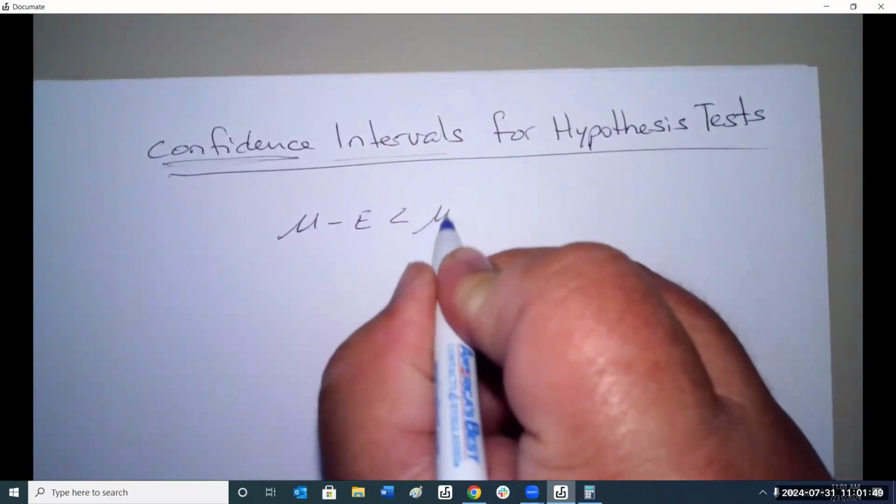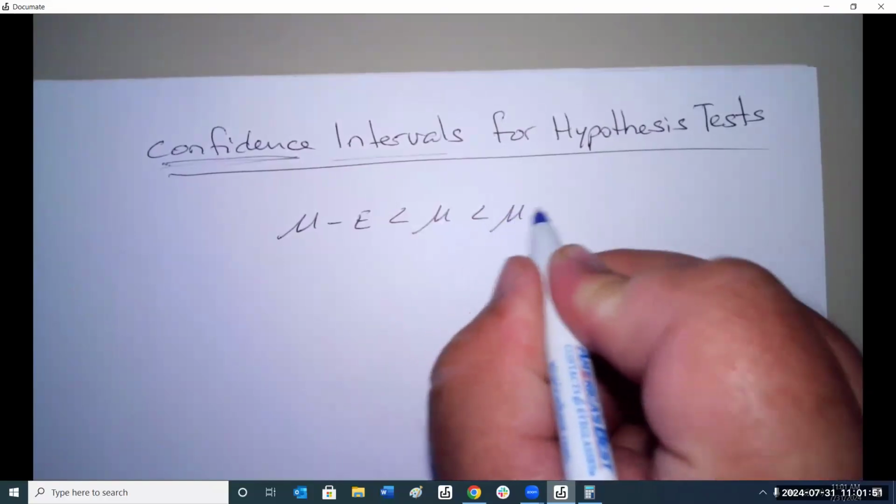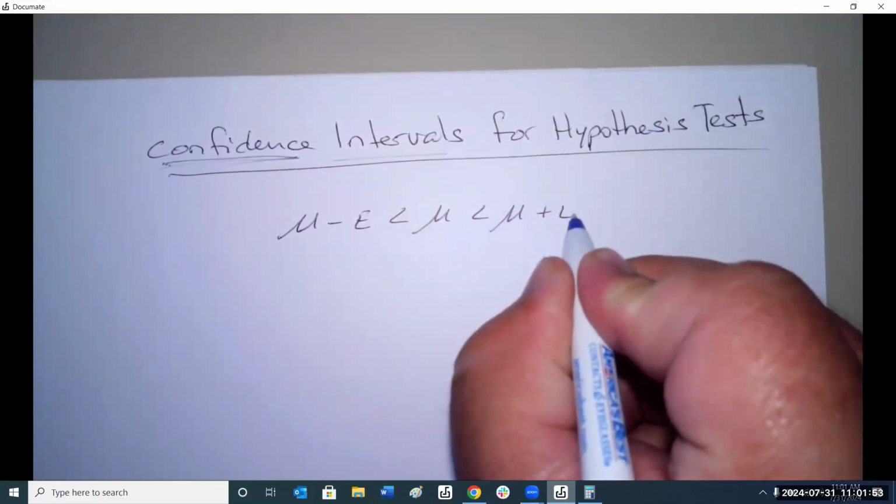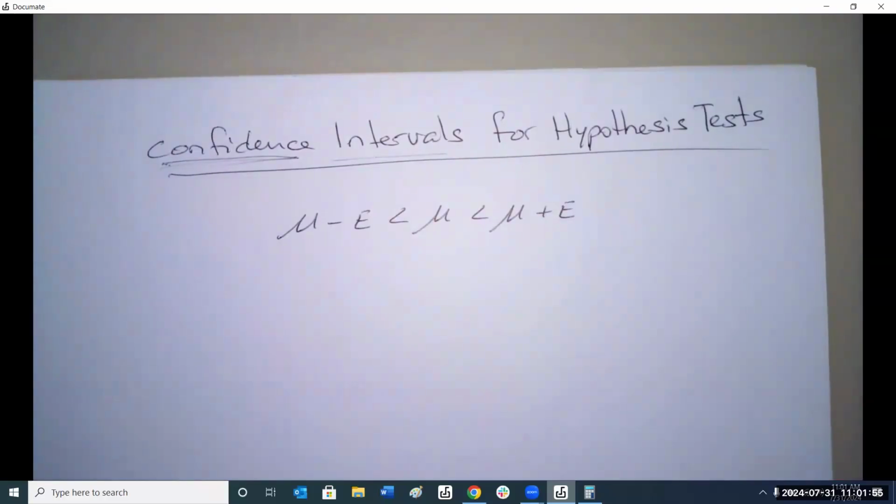One way we talked about was where you add and subtract the margin of error from the mean. And so this defines our confidence interval.